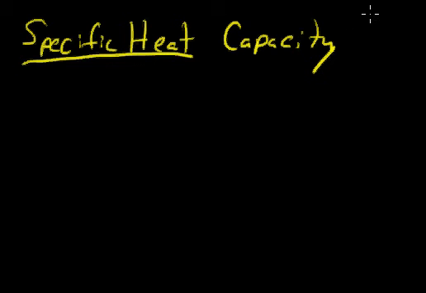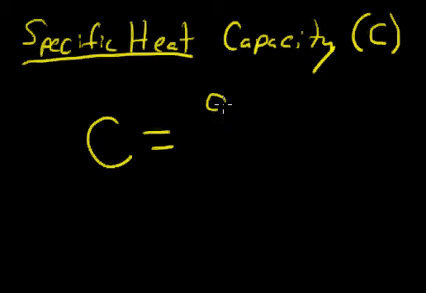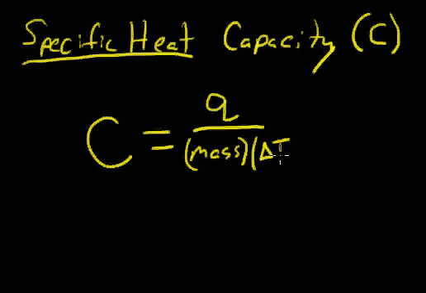And it's given the symbol C, capital C, for specific heat capacity. And so specific heat capacity equals the amount of heat that it takes to raise 1 gram of a substance, so mass, by 1 degree Celsius, which is change in temperature. Remember that delta sign?